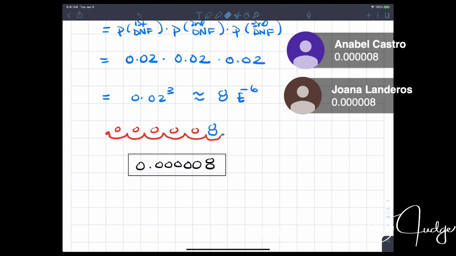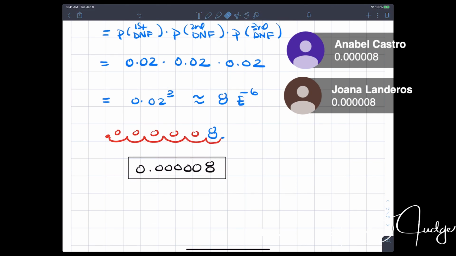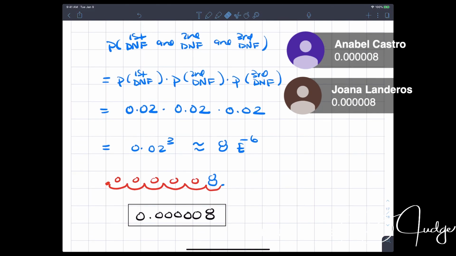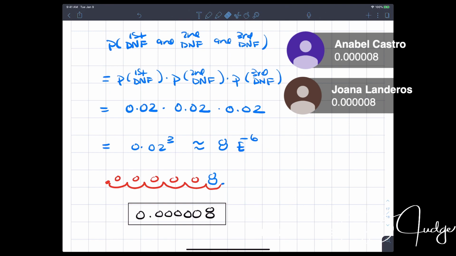All right, being independent. So we could do this all day long, ladies and gentlemen. This is 3 calculators. You can buy 4 calculators. Alarm clocks. You can buy 3 alarm clocks. You could buy 4 alarm clocks. You could buy 5 alarm clocks.